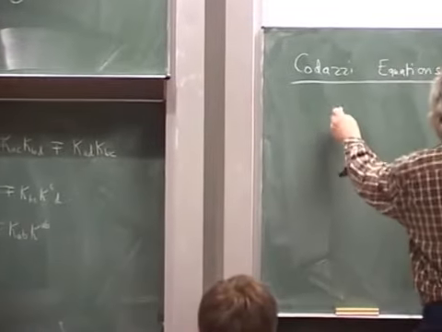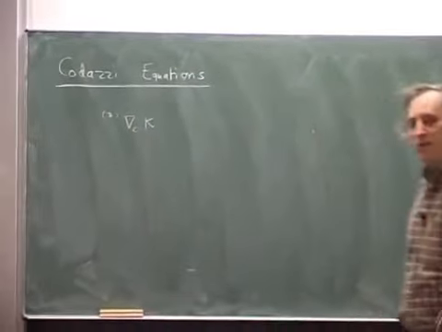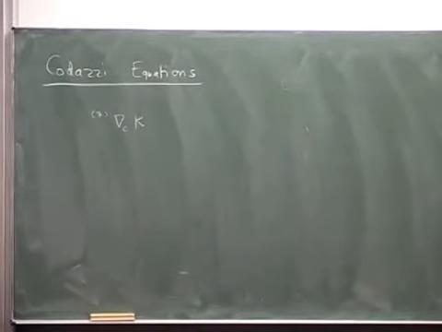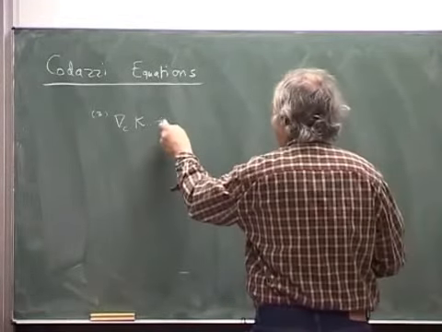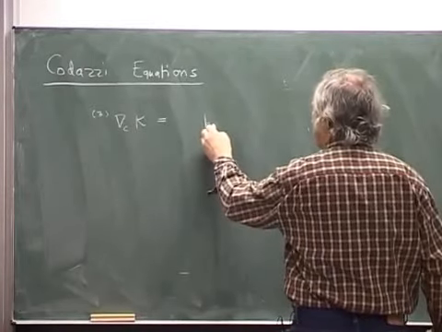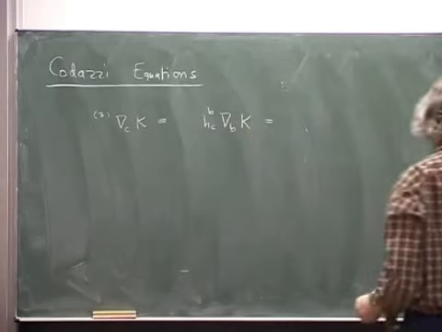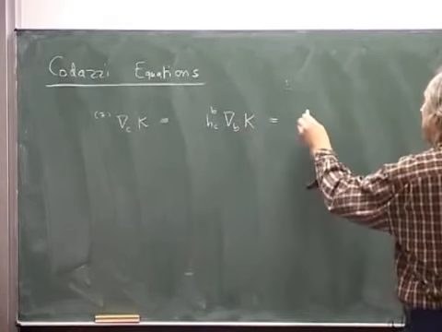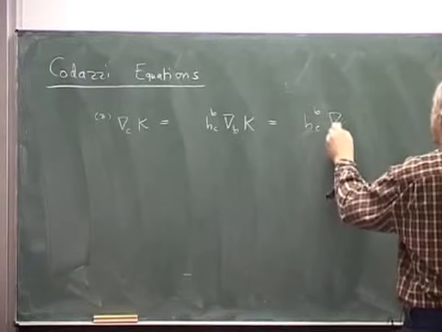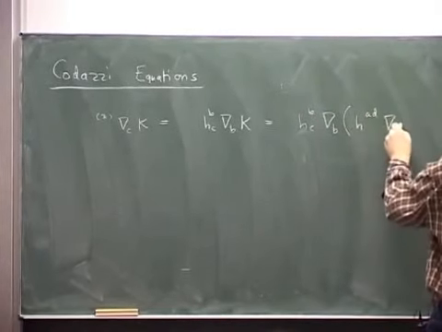So I'm going to contemplate just taking the three-dimensional covariant derivative of things like K. Well, this thing, if you think about it, is of course the same thing as h^C_B ∇_B of K. And this thing is equal to h^C_B ∇_B of h^A_D ∇_A of n^D.